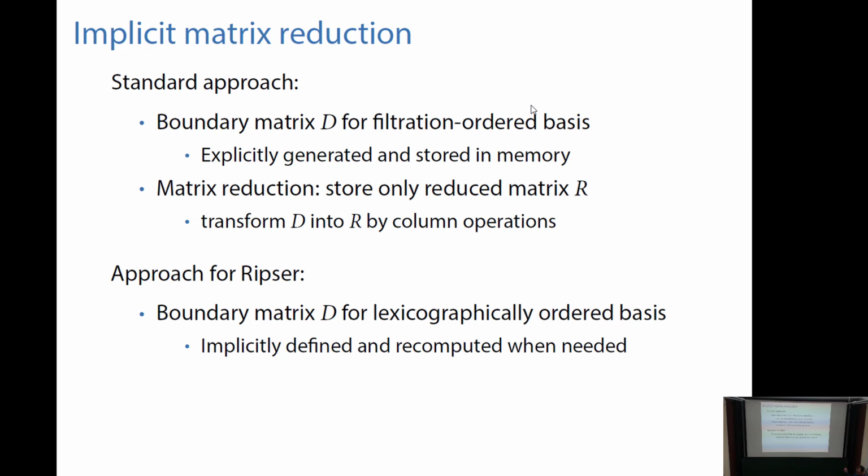In contrast, what's happening in Ripser is the boundary matrix is not represented in filtration order, but I consider the boundary map in just a canonical order on the simplices, disregarding the filtration entirely.